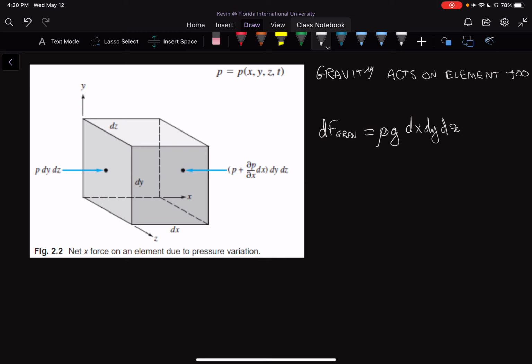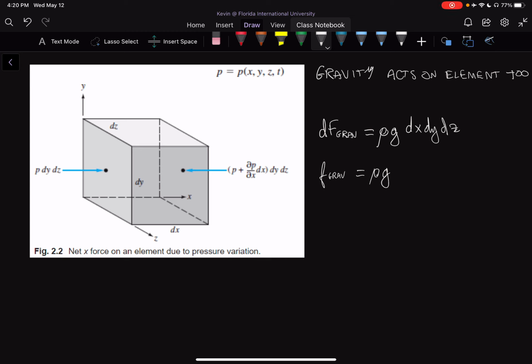And little f gravity, which is divided by unit volume, would just be equal to rho times g. Okay, so that's the next force that is applied onto our system as well.